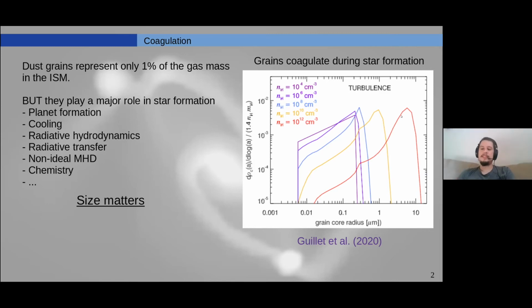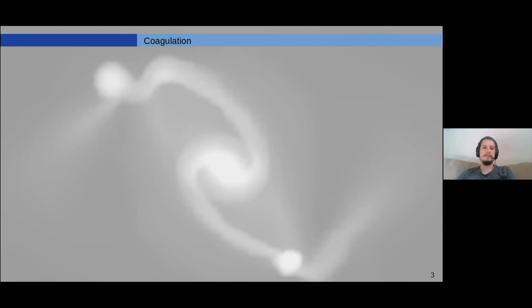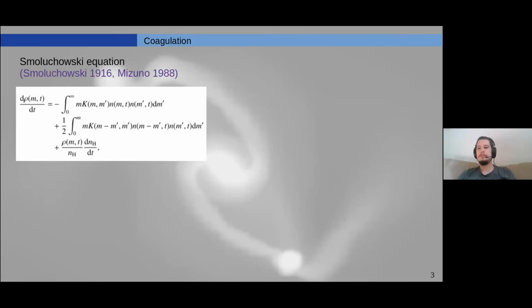The problem is that grain coagulation, although it's not so complicated to compute by itself, is a bit expensive to include in numerical simulations. The standard method is to make all the sizes of grains, all the bins of your distribution, interact with each other, and that's described by the Smoluchowski equation.